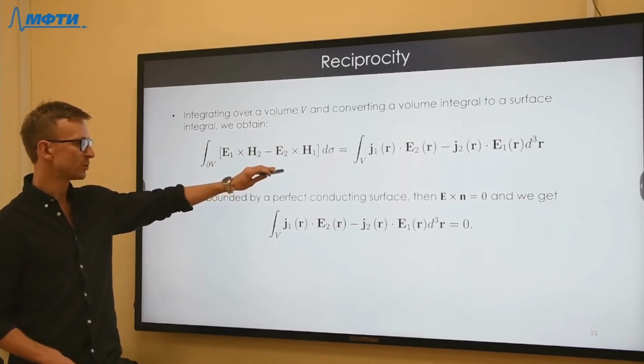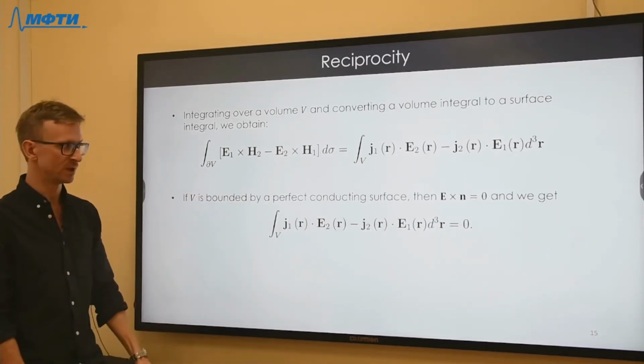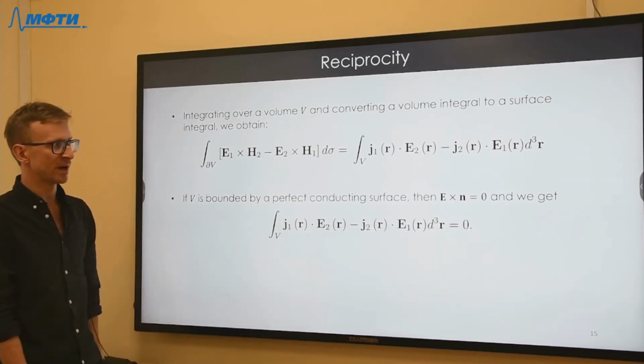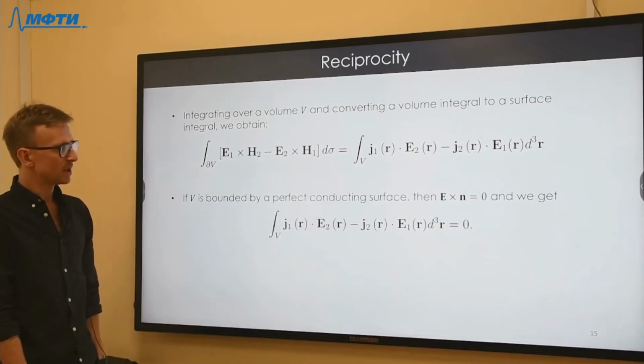And now we are very close to the final version of the reciprocity. This already expresses the reciprocity in a way, but now we can simplify it even further, which is going to be even more useful for practical purposes.